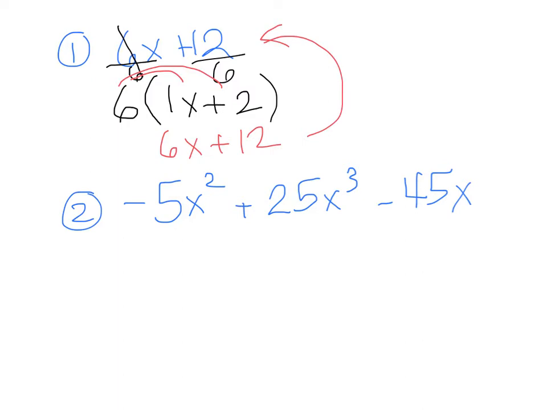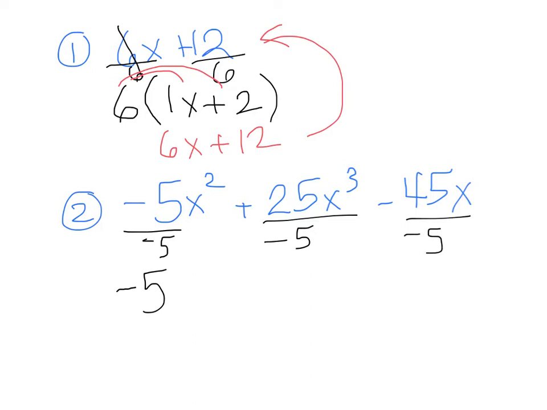Now for this next one, for number 2, we have negative 5x squared plus 25x to the third minus 45x. For this one, I have a negative leading number. So I'm going to factor out a negative, and I know 5 goes into all these terms. So I'm going to factor out a negative 5 out of all 3 of these terms.